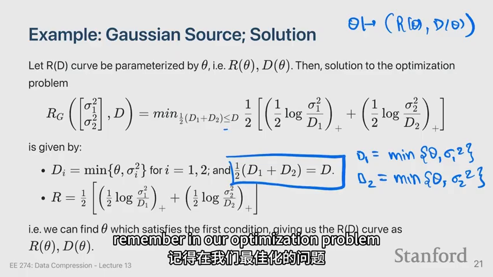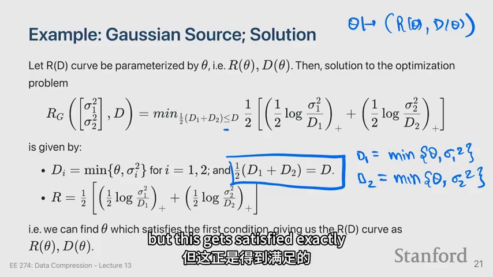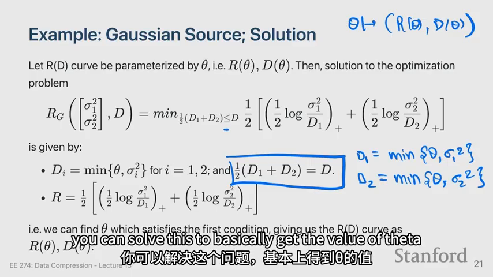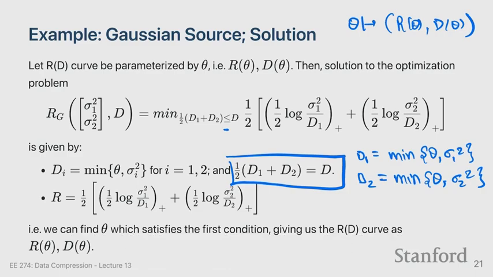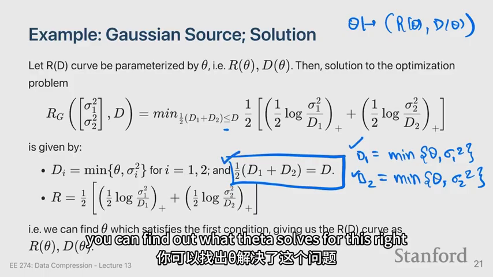Remember, in our optimization problem, this is an inequality, right? But this gets satisfied exactly. So given equation 1, equation 2, and equation 3, you can find out what theta solves for this.